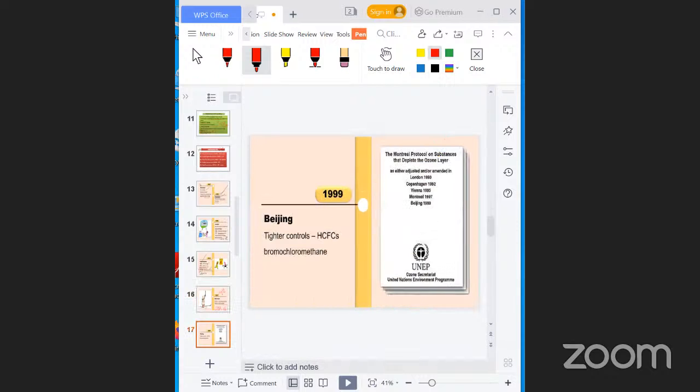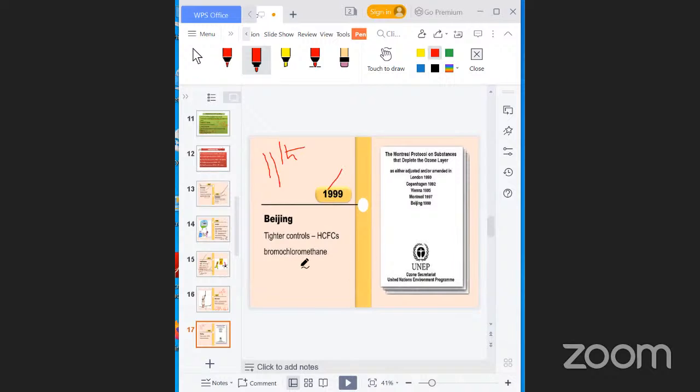Next, we are going to the Beijing Amendment. So this is the 11th meeting, in the year 1999.